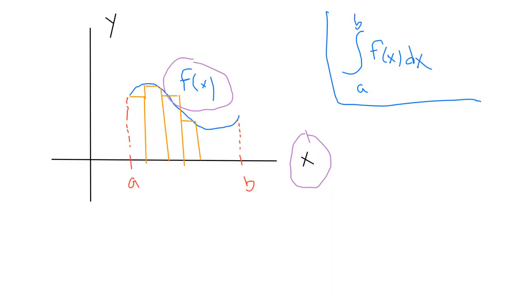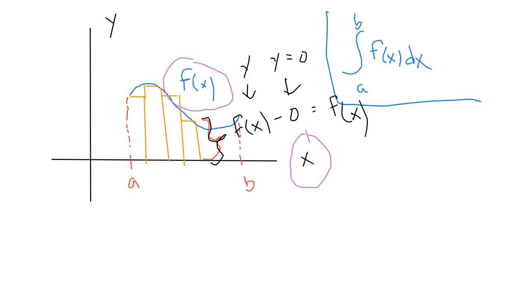Okay, so the height of a rectangle was just defined by the function minus 0, because you have y equals f of x minus y equals 0, and that's just f of x.